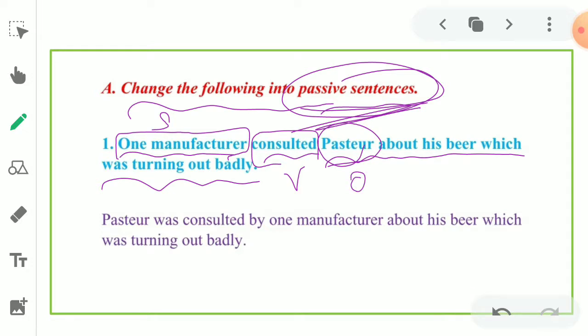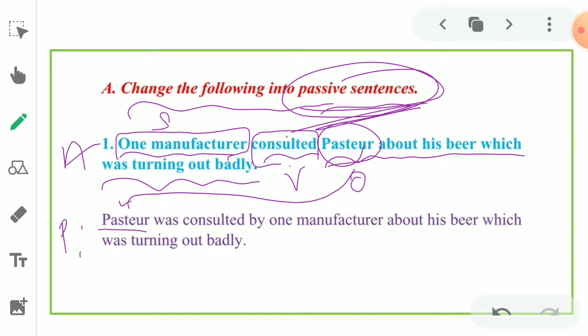So here one manufacturer, as we have learnt previously, is the agent. Got it? Let me take the object first, that is Pasteur. This is the passive, here is the active.